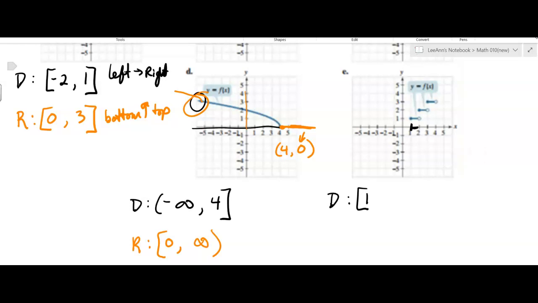Like if I'm Mario, I can jump up and hit that graph, right? And then even if I'm at 2, I can jump up and hit the graph. And 2.5, I can hit the graph. And 3, I can hit the graph. Up until at 4, I can't hit the graph anymore because that's an open dot. So my domain is from 1 to 4. All of those points are covered.